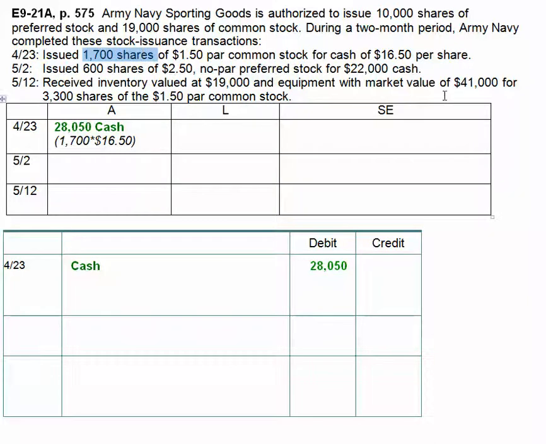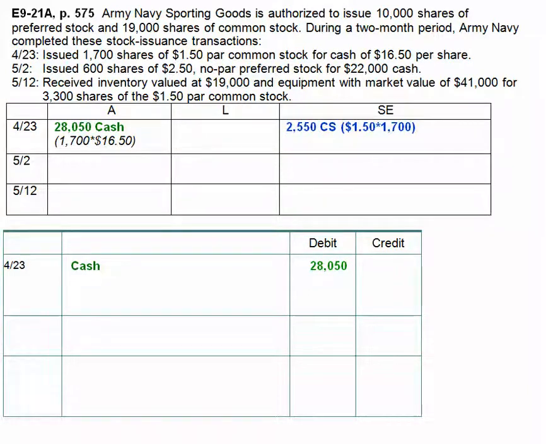It would be nice if we could just credit common stock for the full amount, but we're not allowed to. What we're allowed to do is only put the par value amount in the common stock. In other words, only $1.50 of the $16.50 goes into the common stock account. Now we don't balance because they did not just get $25,500, they got amounts in excess.